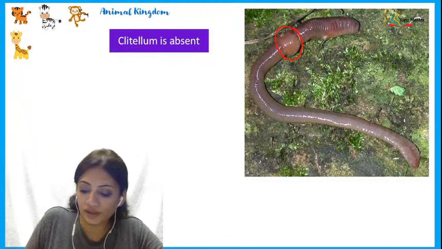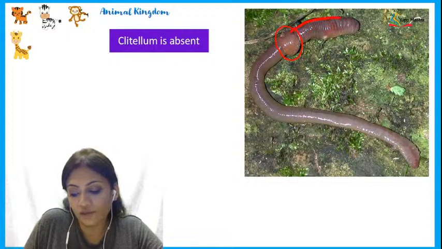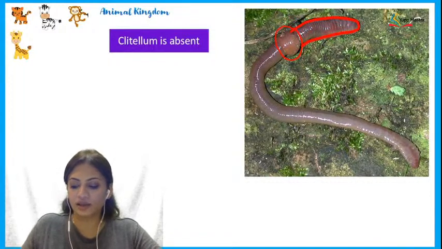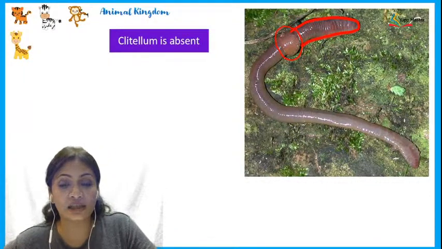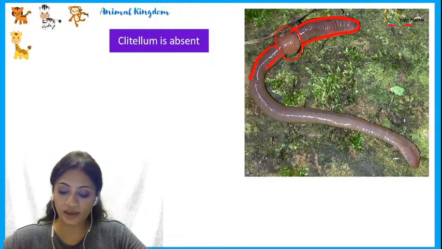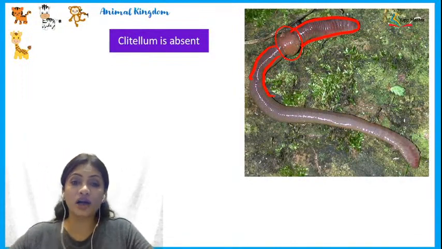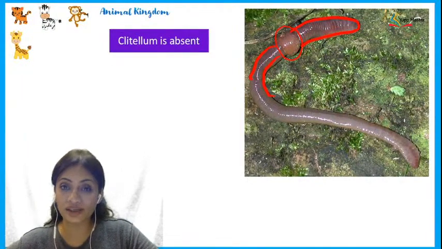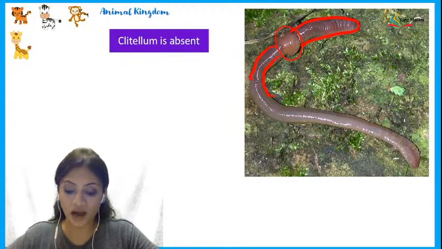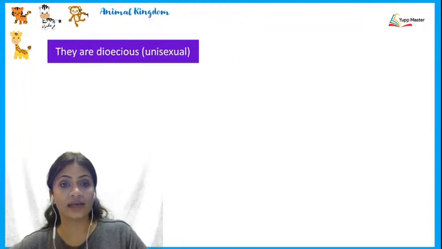The part of the worm on the side of the clitellum which is shorter is located as the head of that earthworm, and the remaining part would be the other end where the anus would be present. Now when we talk about the Polychaeta, over here the clitellum is absent. So when we talk about the Nereis worm, you do not find a clitellum at all.